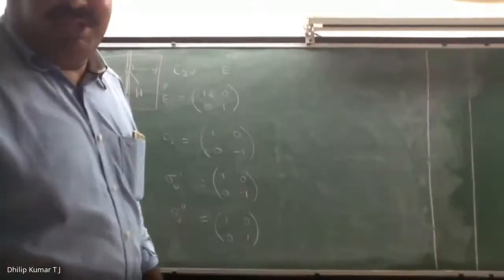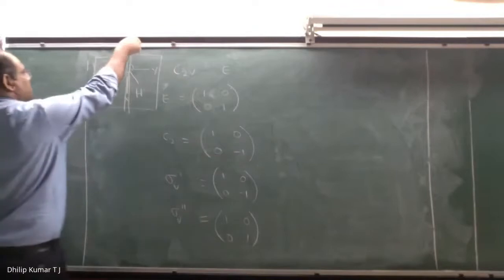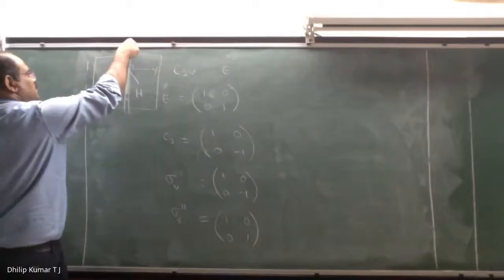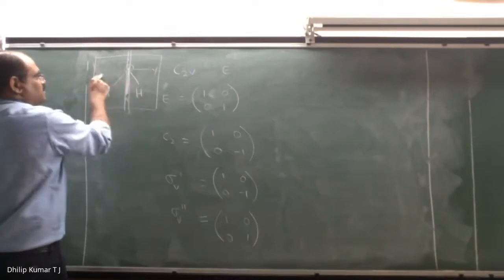How can we differentiate between C2 and sigma v prime if we write a 2 by 2 matrix? C2 passes through the z axis only, so x should also change in C2. No, I'm rotating in this direction, so x remains as such, and only y goes to minus y. But water is not planar, it's pyramidal in structure.